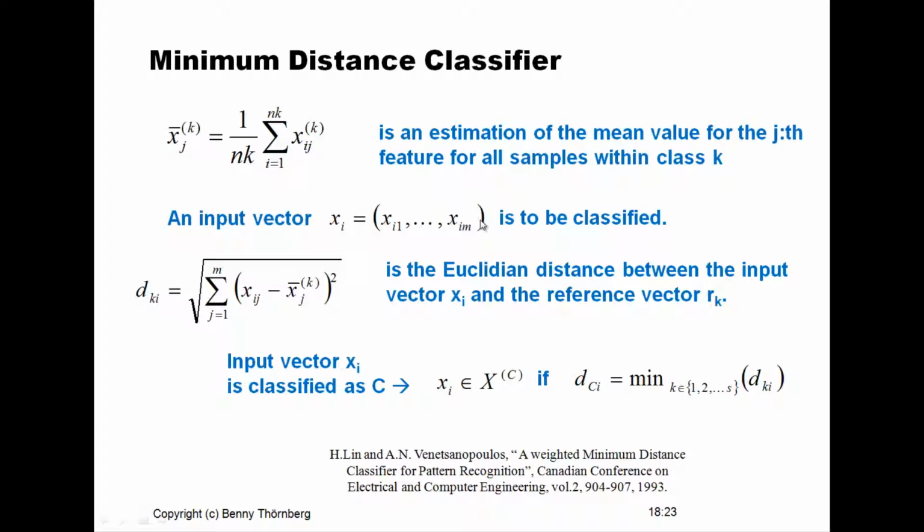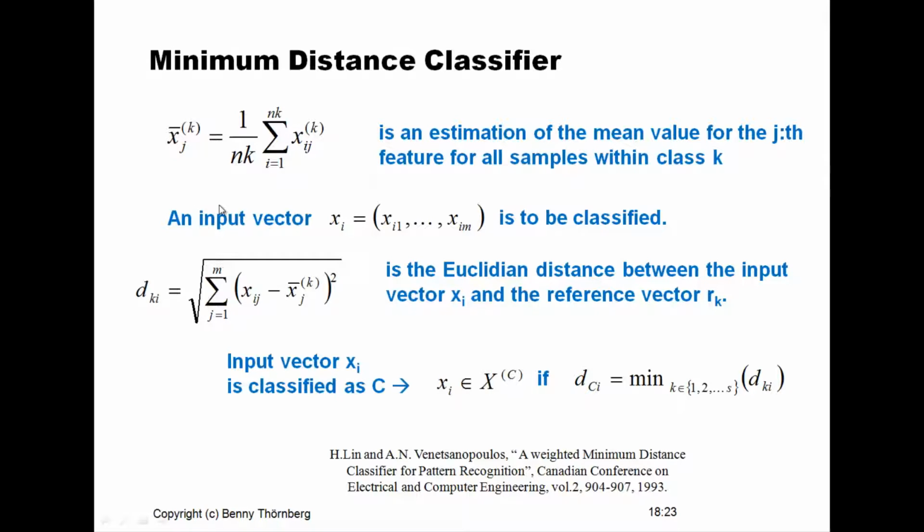The mean value for feature j, computed over all the N_k samples for class k, corresponds to this equation. And this is the way of computing the mean value features for all the features belonging to the reference vector R_k.